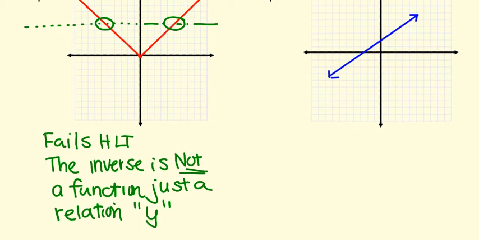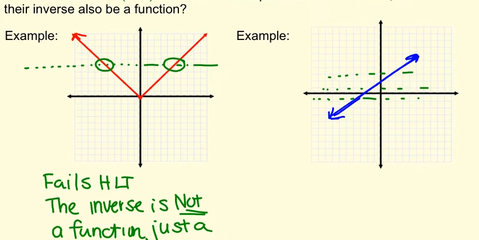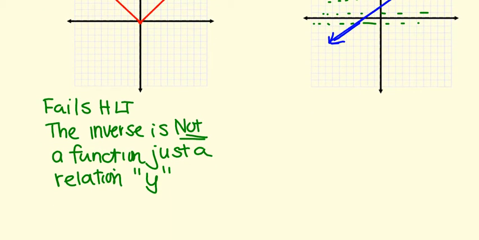All right. The second example is a line. It's also a function. It's a linear function. If we imagine all these horizontal lines hitting once, once, once, once, once, this one does pass the horizontal line test. And we've already gone through in our lesson how to find the inverse of this function.